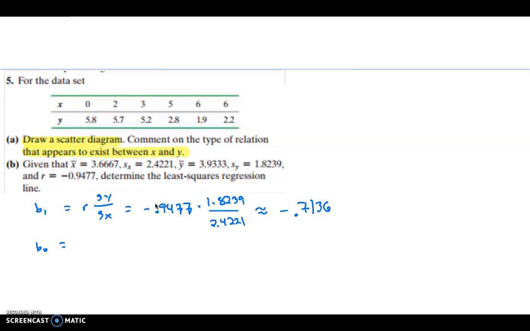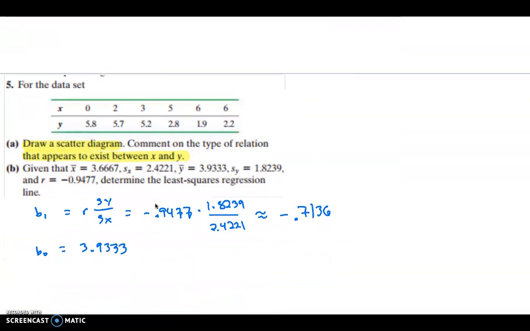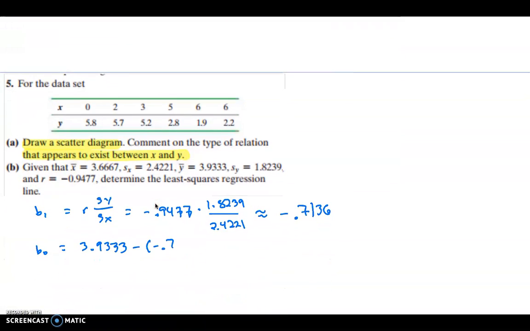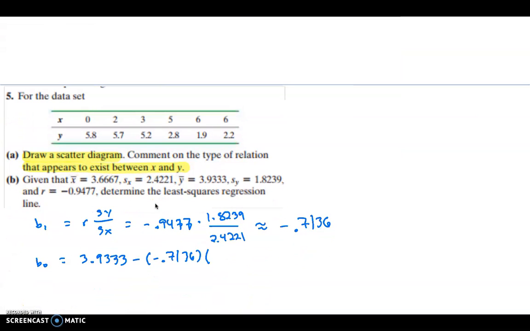So we'll have 3.9333 minus negative 0.7136, and then that was multiplied by X bar, which for us is 3.6667.